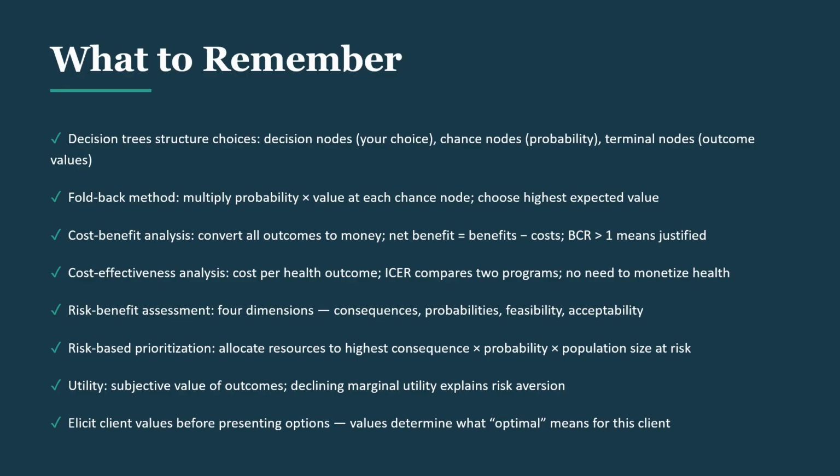Risk-benefit assessment evaluates consequences, probabilities, feasibility, and acceptability simultaneously. Risk-based prioritization focuses limited resources where impact is greatest. Utility captures subjective preferences. Declining marginal utility explains risk aversion.